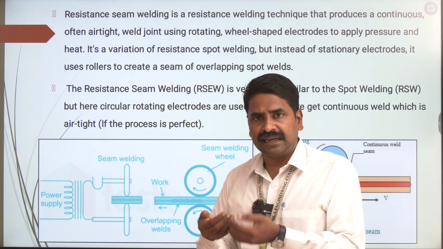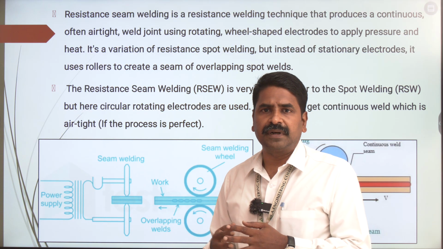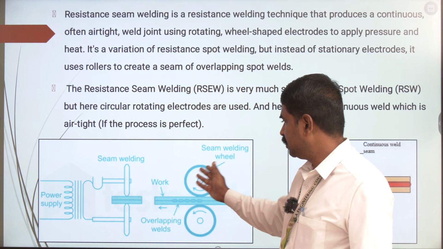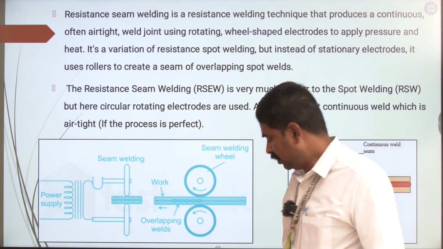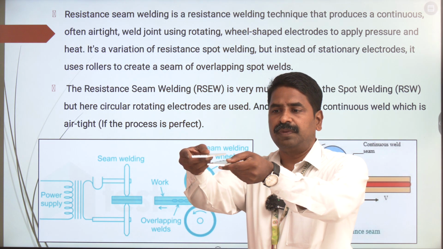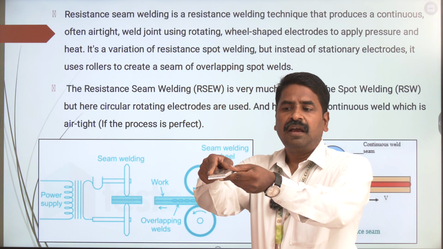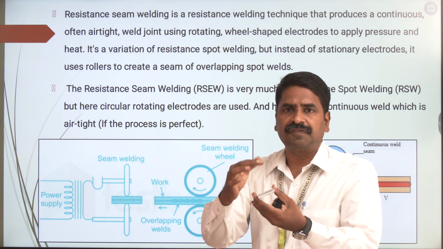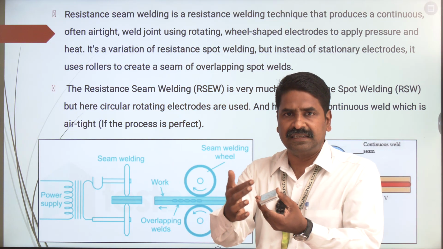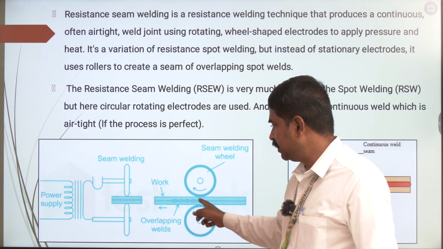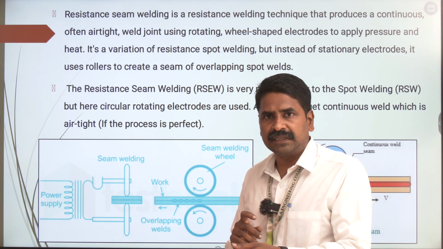By using electrical resistivity, the joining of the metals is going to take place, and here you can see the circuit diagram, and here you can see the side view. As you can see over here, two plates are kept one over the other, and an electrode in the form of a circular wheel-like disc is going to rotate over these plates, and because of this rotation, pressure is going to be exerted.